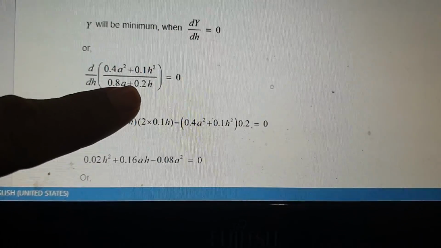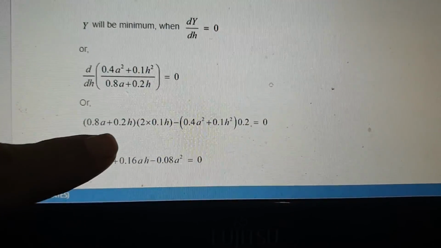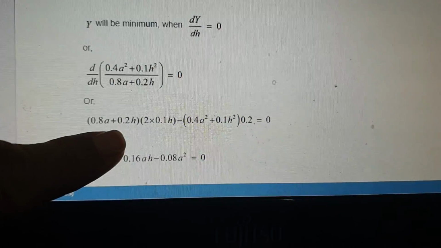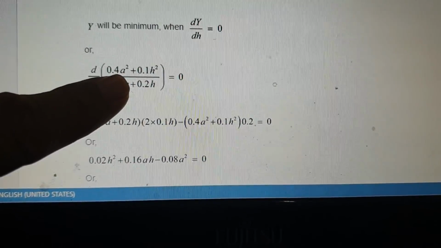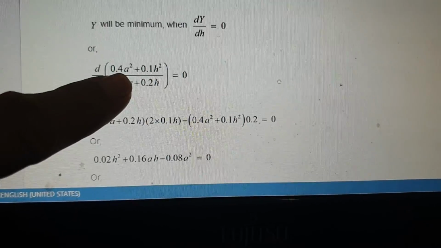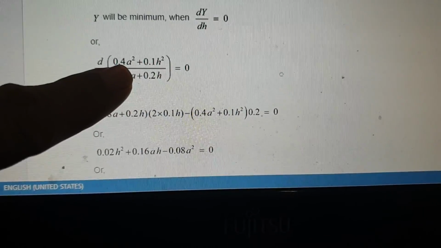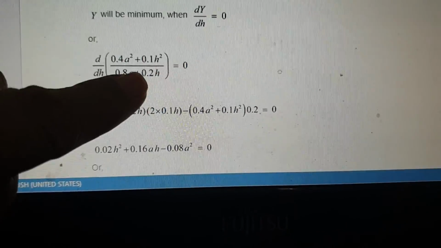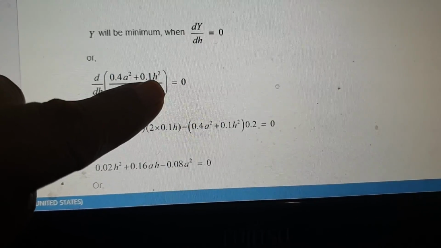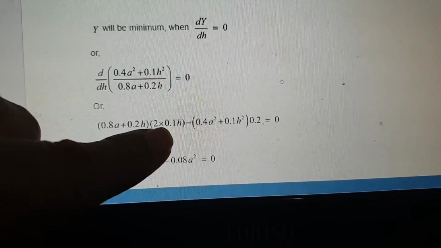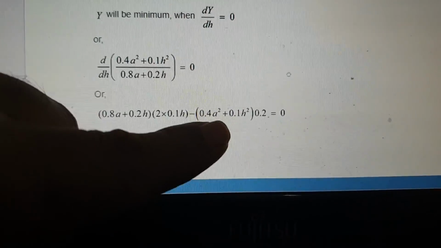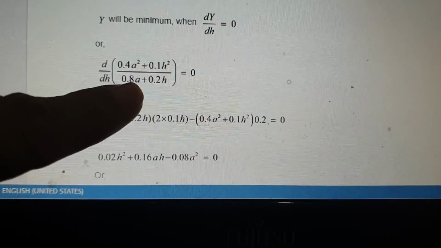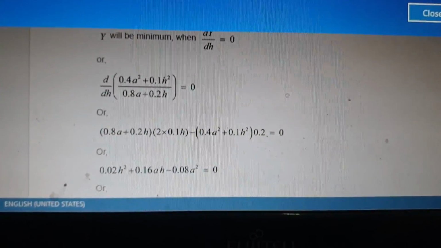Take the bottom, 0.8a plus 0.2h, times the derivative of the inside of the top one. This is 0 since this is like a constant. Here it's going to be 0.2, 2 times 0.1h. And then minus, you put now the top here, and you do the derivative of the bottom one.